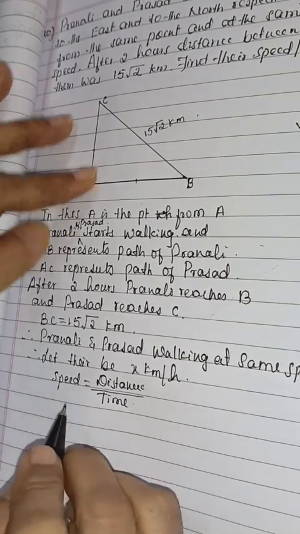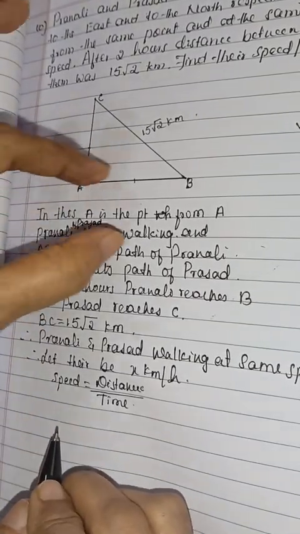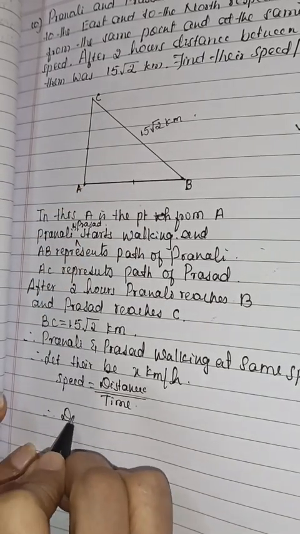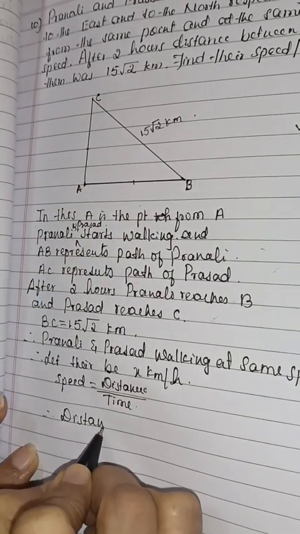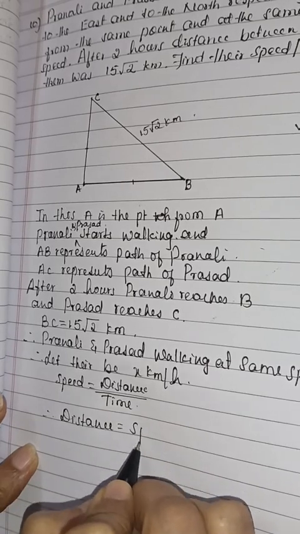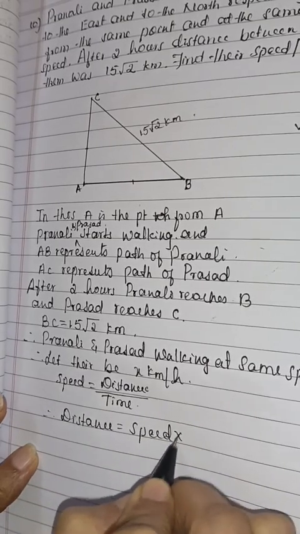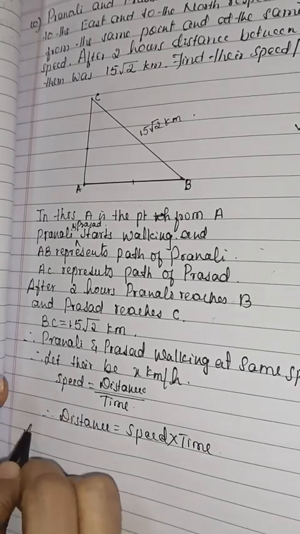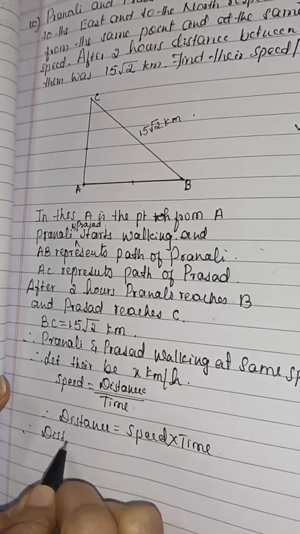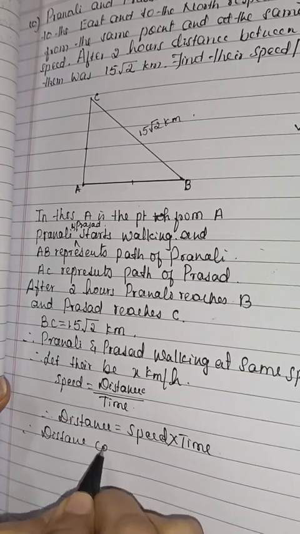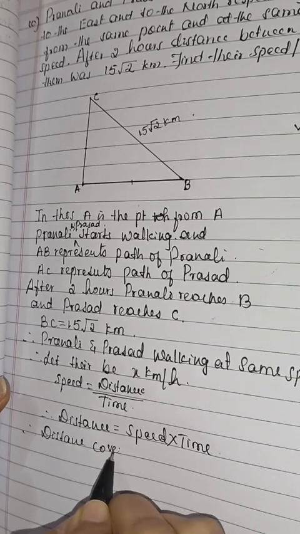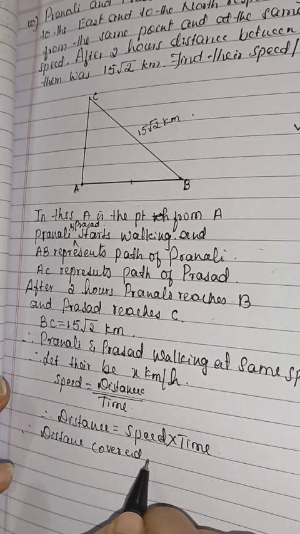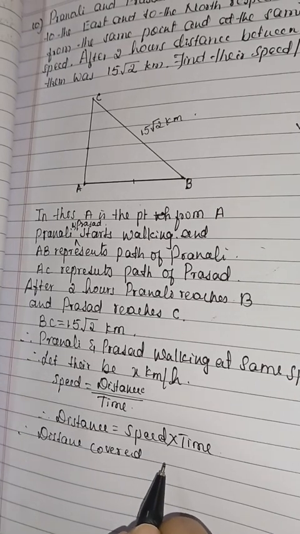We have to first find the distance covered by both of them. Therefore distance covered is speed into time.